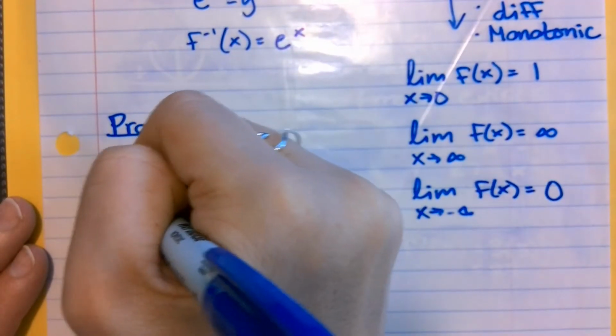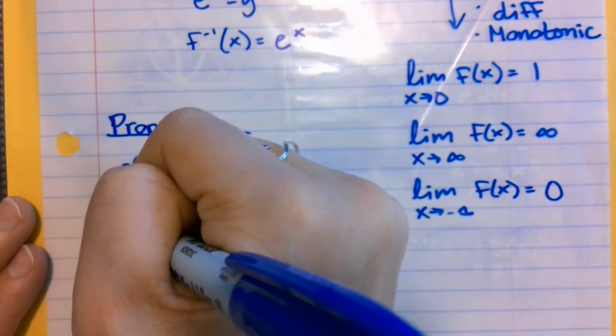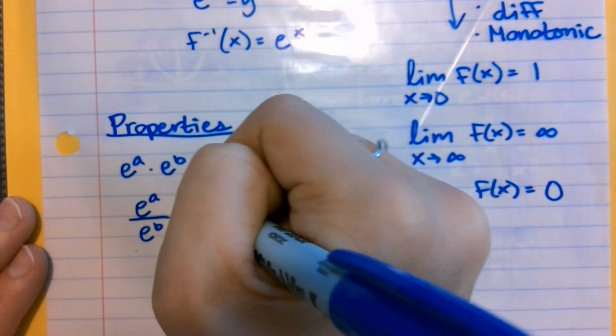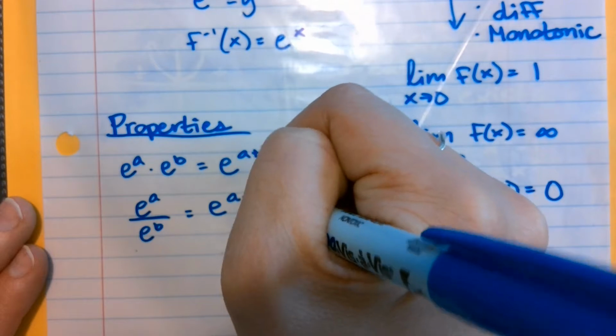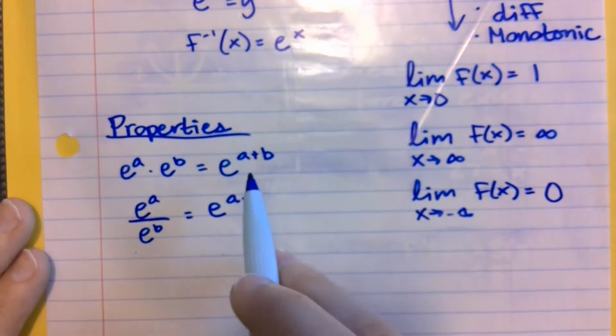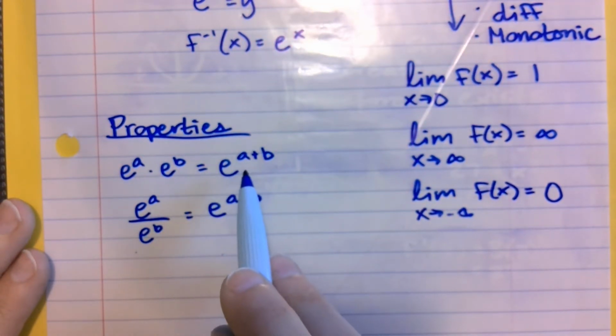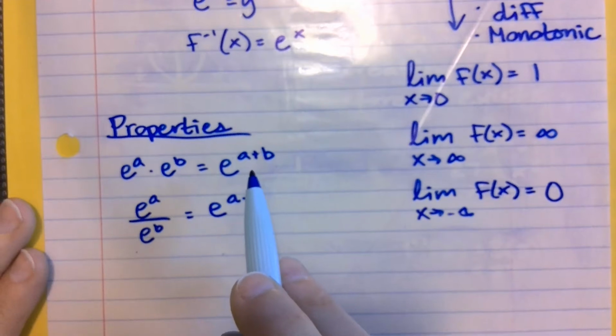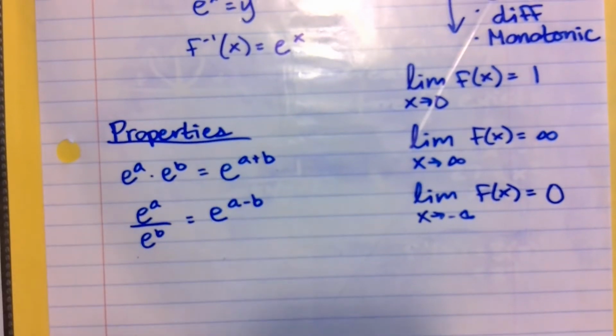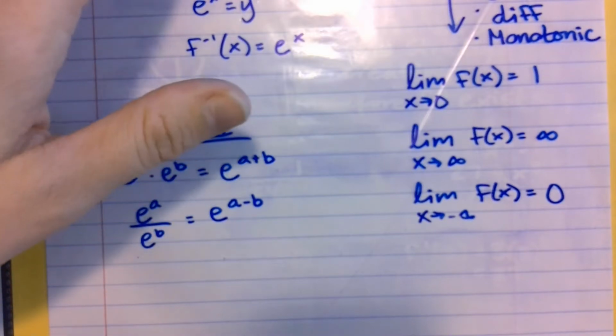If I have a similar situation, but I have division, that means that I'm subtracting a and b. And there might be a situation where we have the condensed form. Maybe we're trying to take the derivative, but it's easier to expand them and then take the derivative of both, or same thing with integrals.